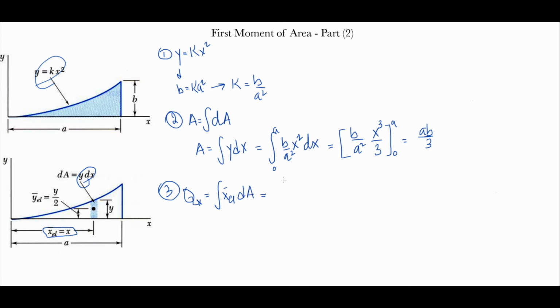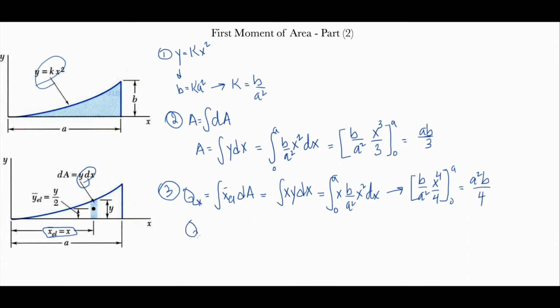Now x bar is equal to x, and dA is y dx, and it's from 0 to a, so it will be x multiplied by b over a squared x squared dx. And then this will give me b over a squared x to the power 4 over 4, from 0 to a, and eventually it will equal a squared b over 4.